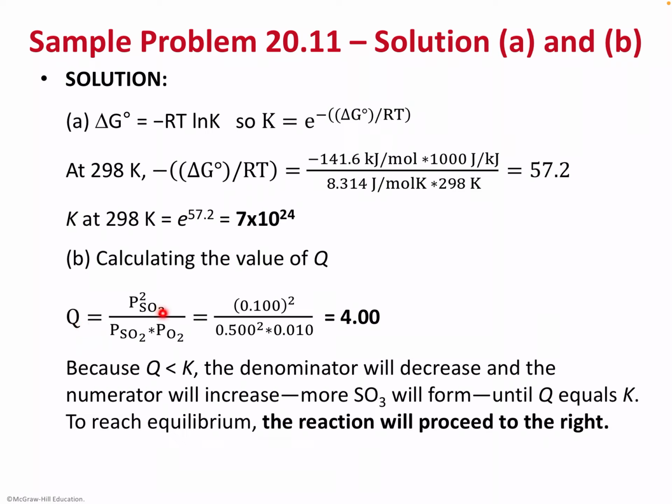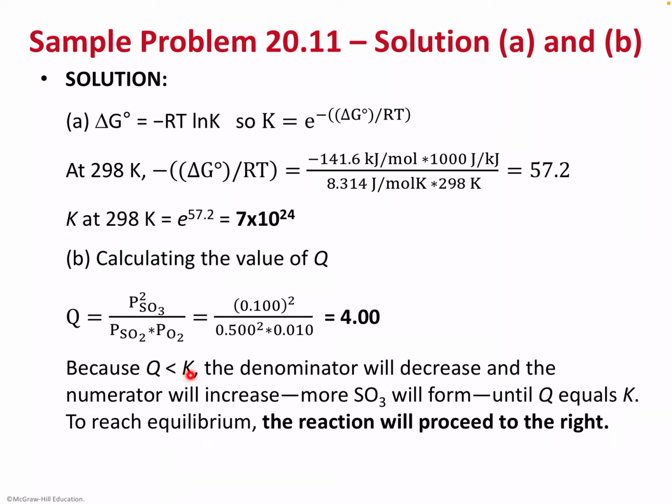Product is sulfur trioxide raised to the power 2 because the coefficient is 2, and the reactants sulfur dioxide and oxygen, and these are the partial pressures. So you put that in and you can find out the Q. Here Q we found is 4 and K is a large number.